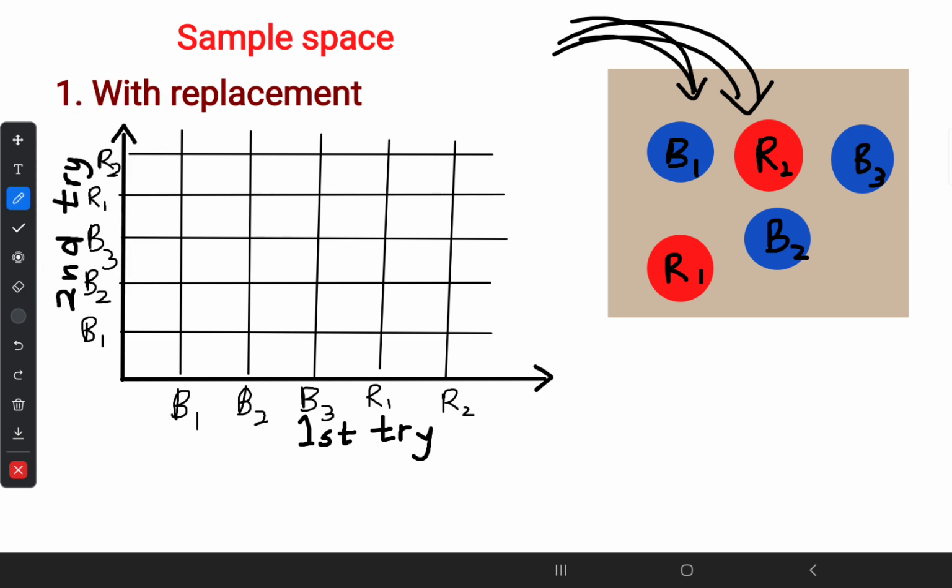That means each of these will have some coincided region, the common region which belongs to the horizontal axis and the vertical axis.